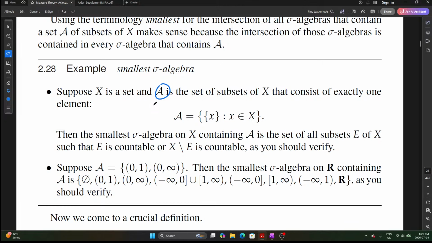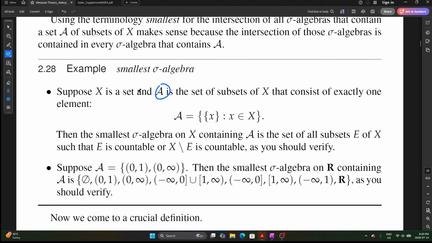So here you have a collection which is not in itself a sigma algebra, but you can always find a smaller sigma algebra that contains it. How do we describe it?